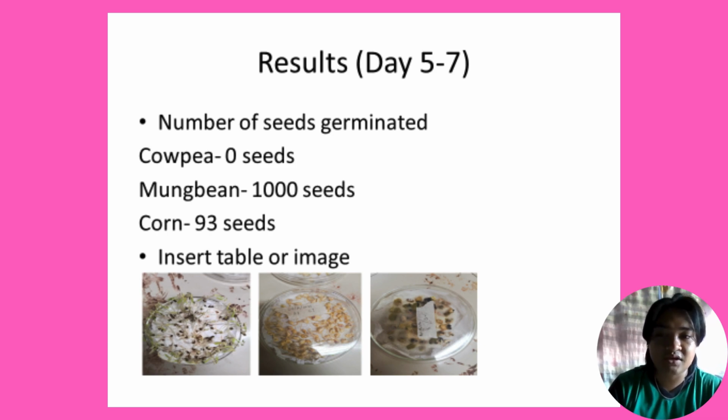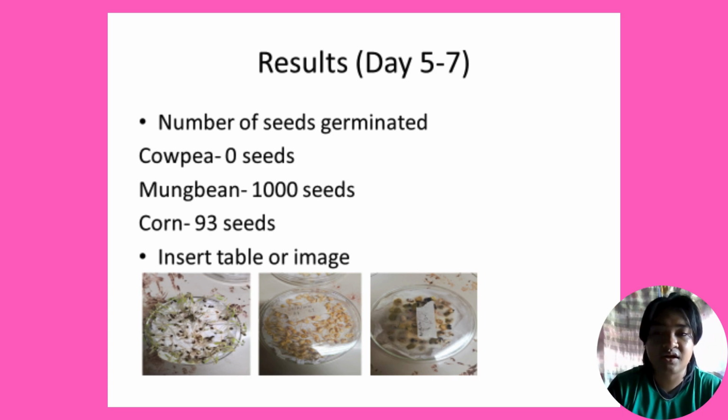For the cowpea, zero germinated, indicating that the seeds may have been non-viable or affected by environmental factors. For the mung bean, all 1,000 seeds germinated successfully, showing a very high germination rate and excellent seed viability.